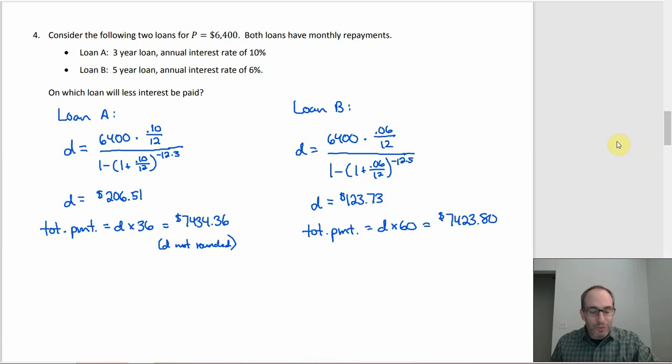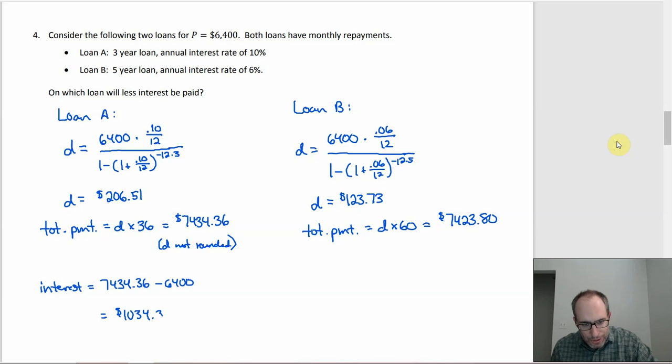And if you really want to get the interest, you can. I mean, you can do it just based on the one that's got the smaller total payment, but in both cases, the interest is just the total payment minus $6,400. So you could compute it. It's not too bad, right? So here the interest would be 7434.36 minus 6,400, which is 1,034.36.